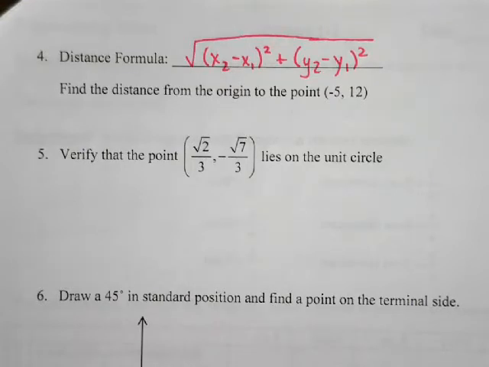Okay, so the example says, find the distance from the origin to the point (-5, 12). Well, what's my origin? 0, 0.